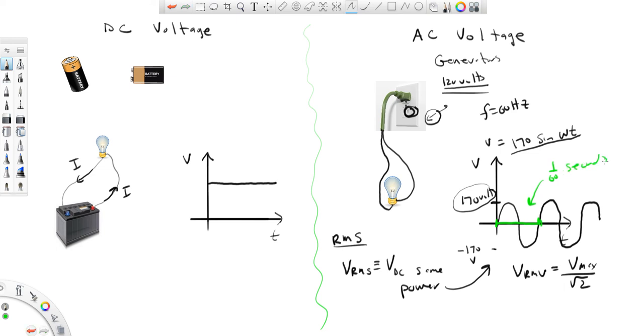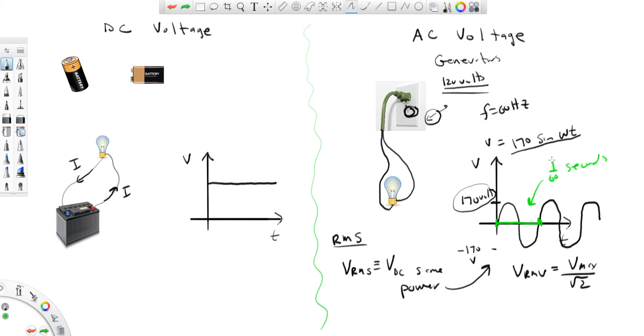Now, something to notice here is, in just that single wave, you notice there's actually 2 peaks. A light bulb doesn't care which way the voltage is going. So if you were to look at this bulb right here very carefully with a high-speed film, if you slowed it down, you would see the bulb bright 2 times in a 60th of a second time frame. So the bulb actually brightens up 120 times per second.